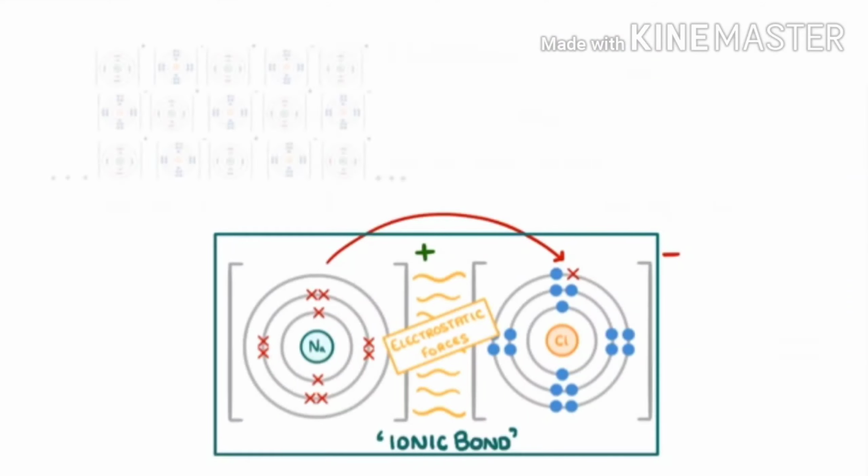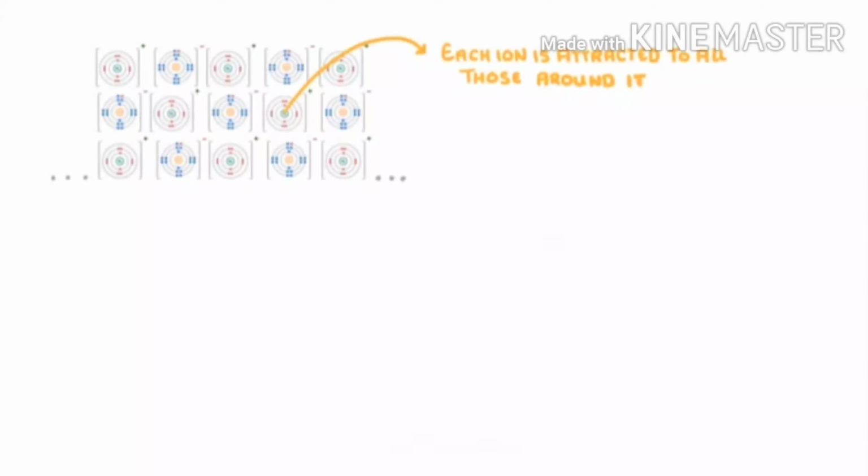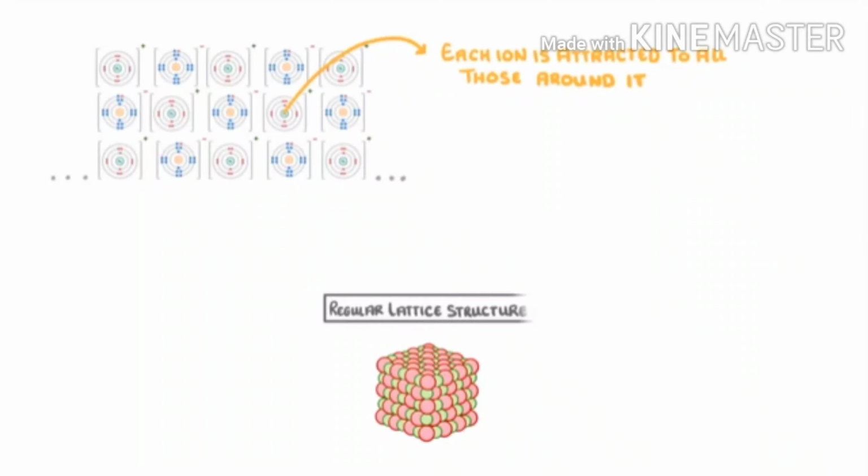When these oppositely charged ions come closer, they form a three-dimensional structure. Each ion is surrounded by oppositely charged ions, forming a three-dimensional layer.